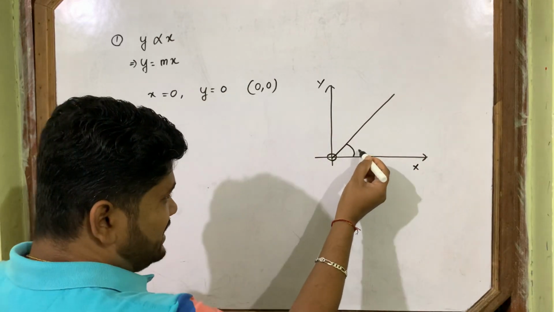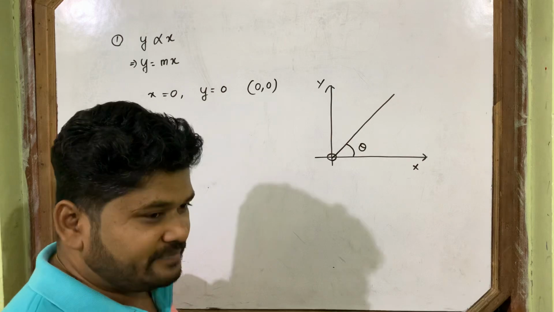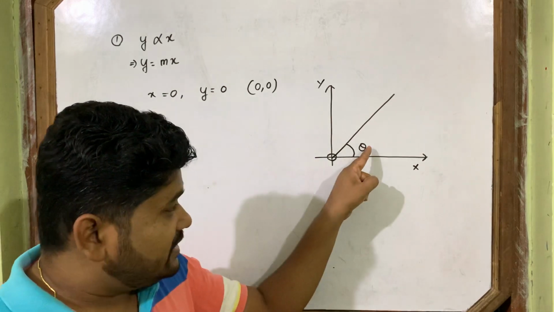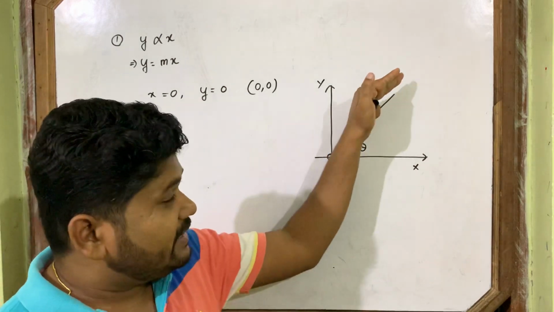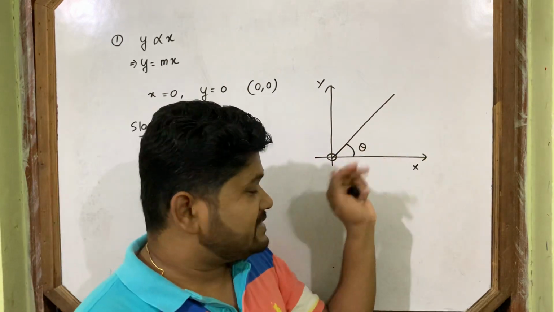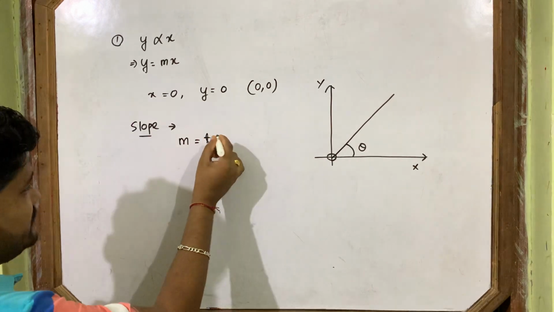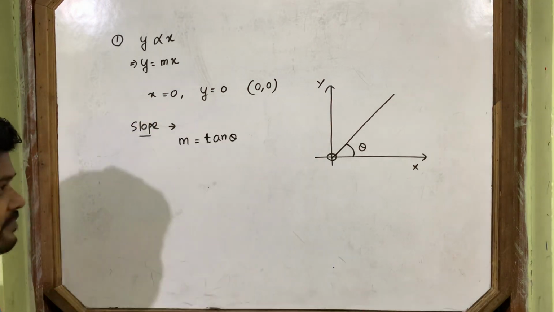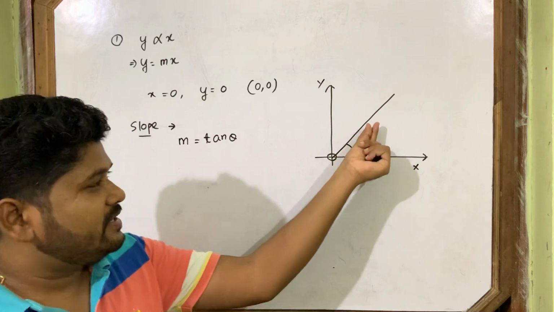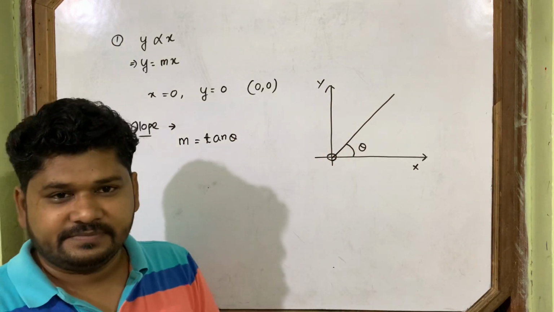This angle, I am telling about this angle. The tangent of this angle made by the line with the positive x-axis is called the slope. m = tan theta, the tangent of the angle made by the line with the positive x-axis.